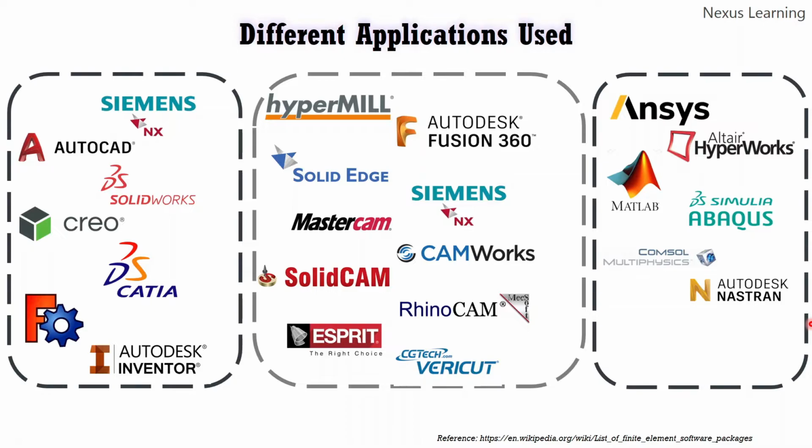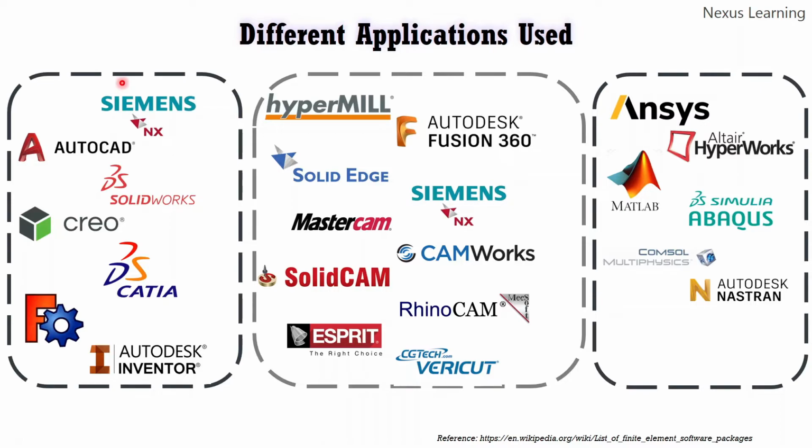So there are applications for CAD modeling. There are applications for CAM programming for manufacturing. There are applications for analysis. So on the left hand side, what you are looking at is all the CAD modeling.